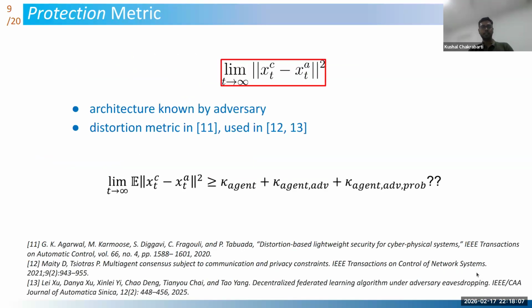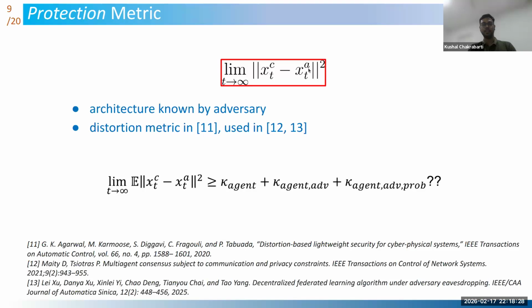Since we are interested in protection of the model, I need a metric to quantify the amount of protection. I am choosing this metric, where x^C_t is the client weight, C is for client, at time t, and x^A_t is the estimate of this client model by the adversary.